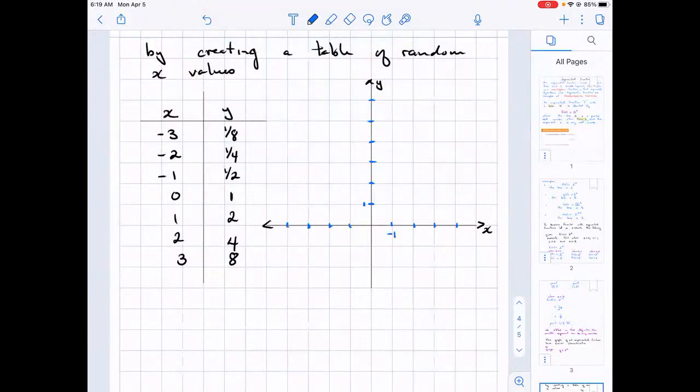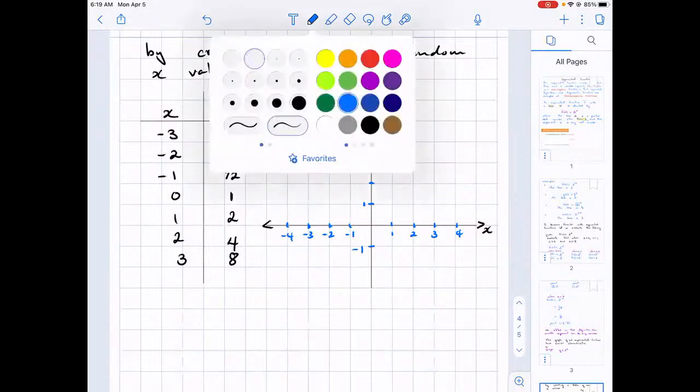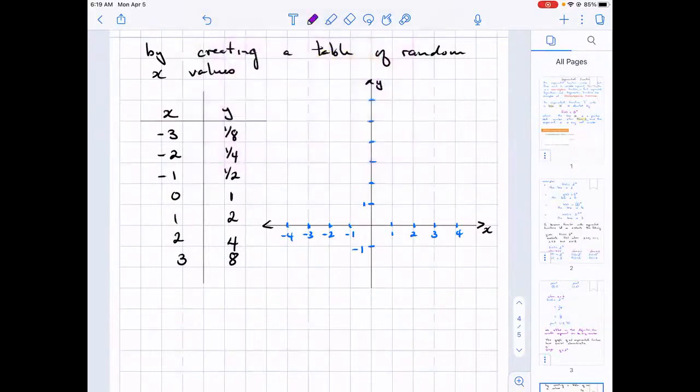By labeling the x and y axis with some values, and I'm only putting some key points here, we know that when x is 0, y is 1. When x is 1, y is 2.